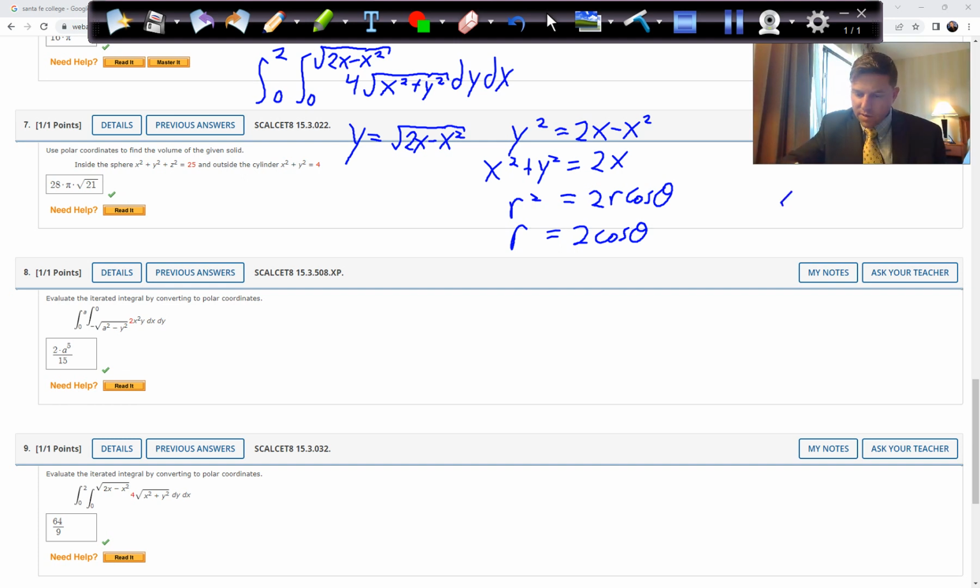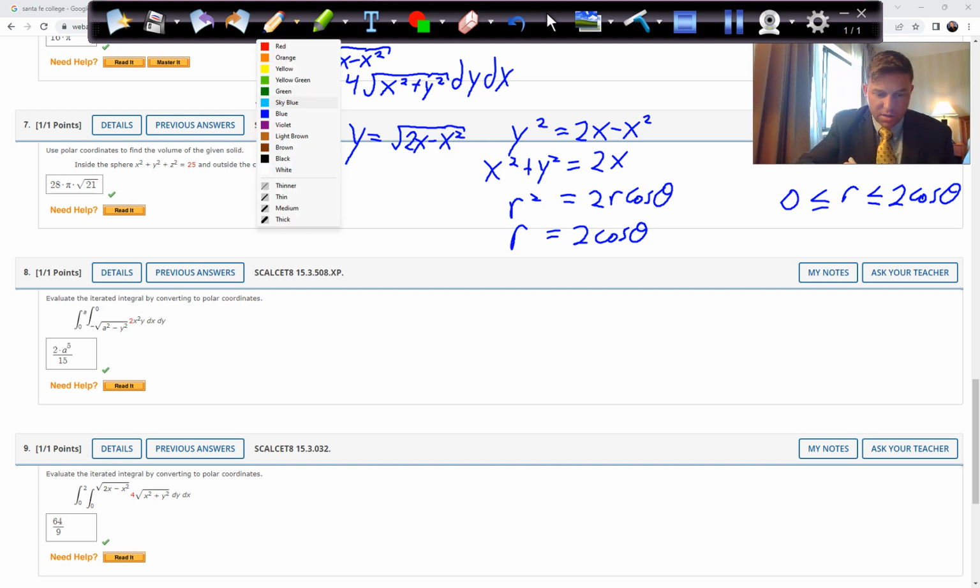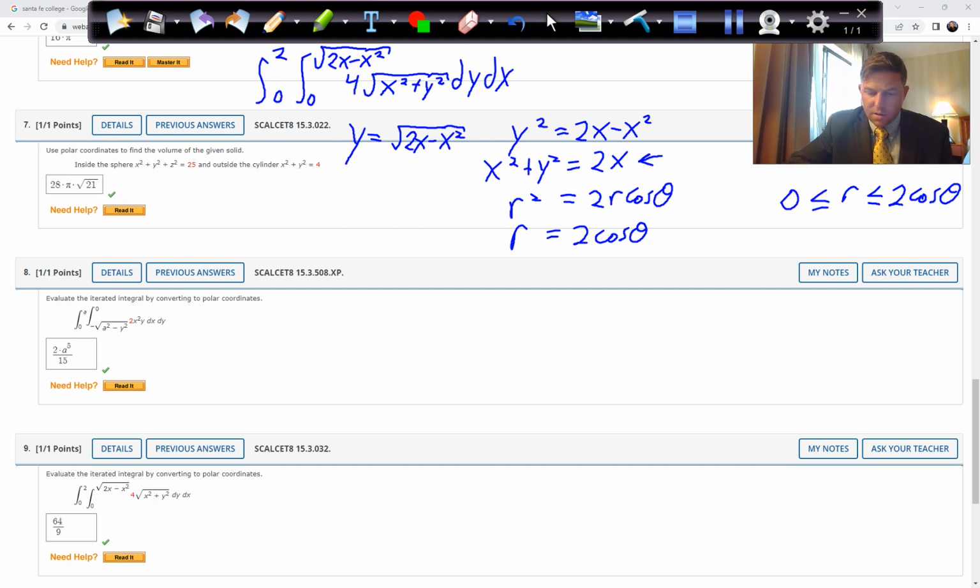Okay, so let's write that over here. 0 is going to be the lower value for r, and the upper value for r will be 2 cosine theta. Now the x term goes from 0 to 2, so actually to get the theta term, it helps to draw this picture. So let's go back to right here. If you subtract 2x from that, you're going to get x squared minus 2x plus y squared equals 0.